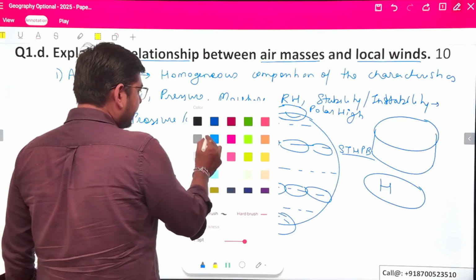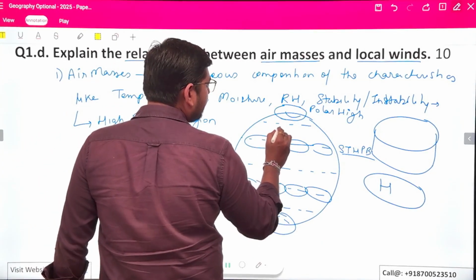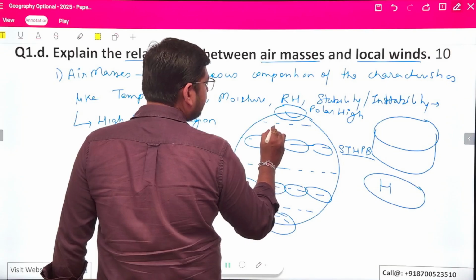So here we can see one thing. For example, I am taking here an example of North America, South America and Africa.